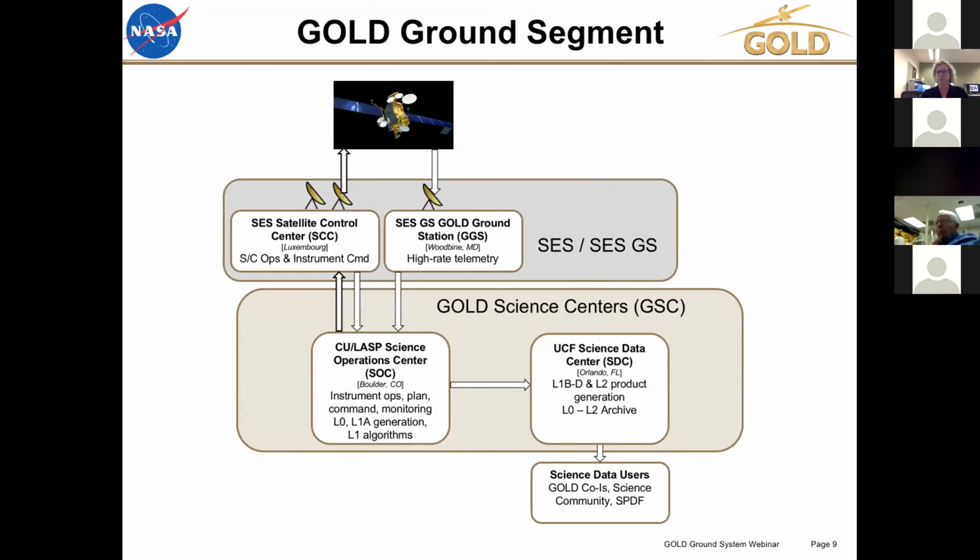They are responsible for generating the higher level data products, level 1B, level 1C, and level 1D, as well as the level 2 data products, as well as archiving the data for the life of the mission, and then distributing that data to the science data users, which includes the science community, the general public, as well as NASA's Space Physics Data Facility, or SPDF.